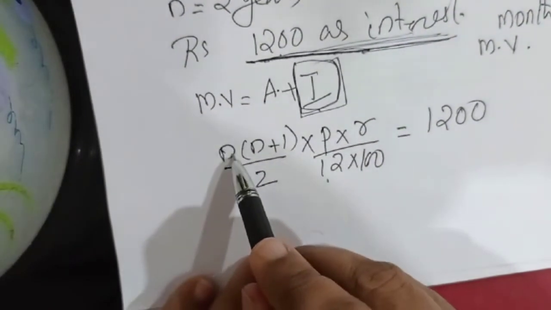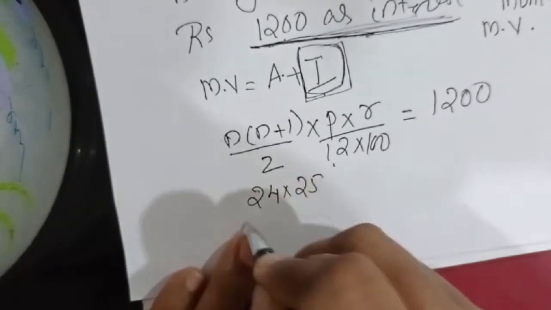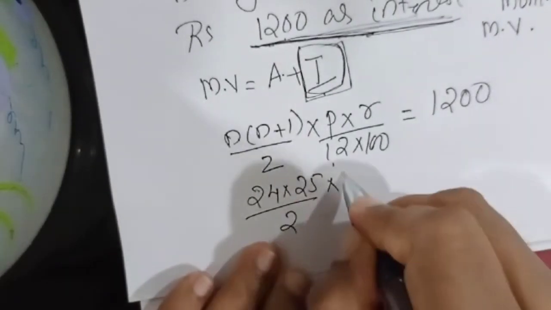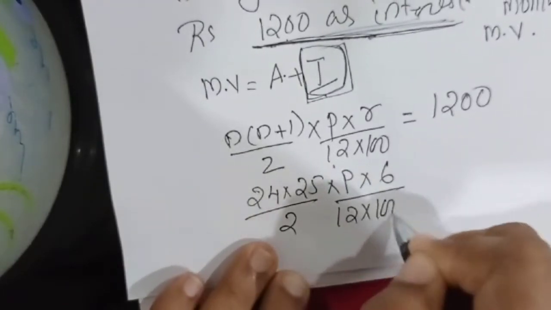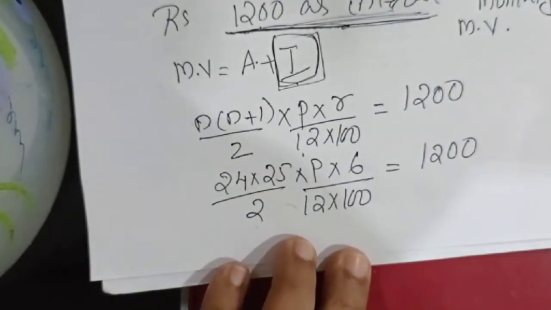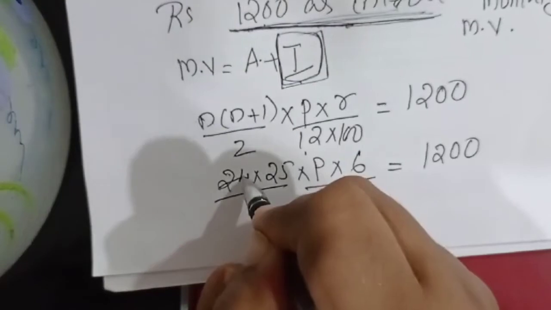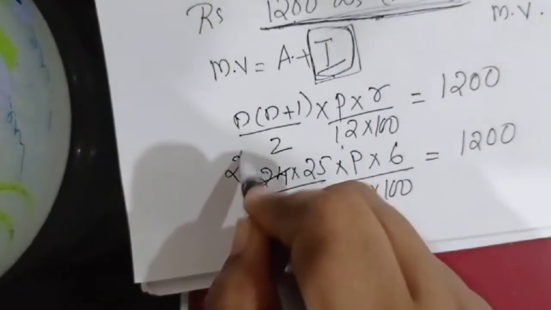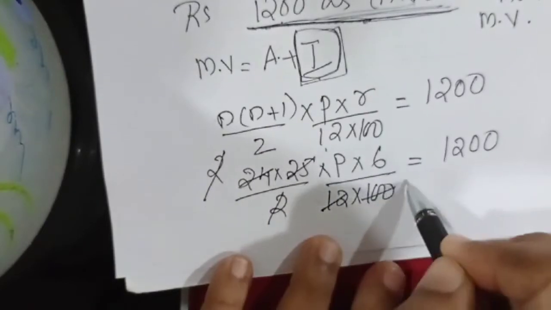Then substitute N equal to 2 years means 24 into 25 by 2 into P. This is not given. Rate is 6 by 12 into 100 equal to 1,200. 12 into 2 is 24. 2 and 2 cancel. 25 into 4 is 100.